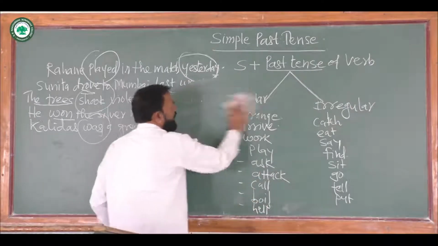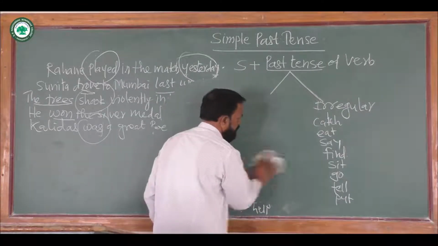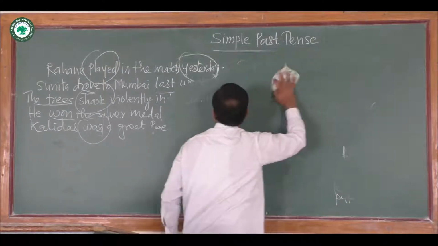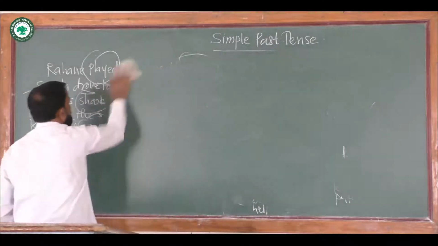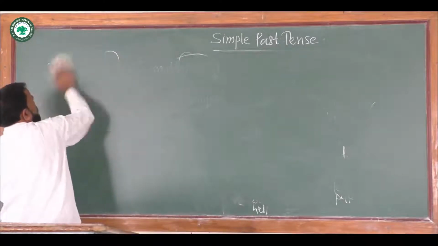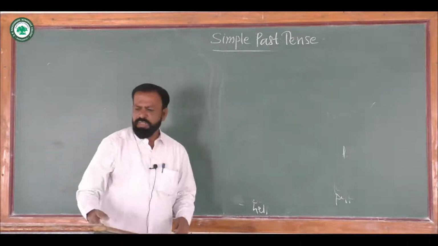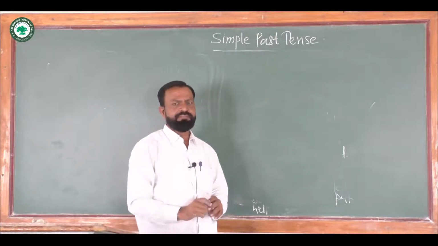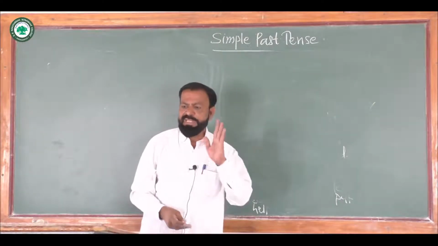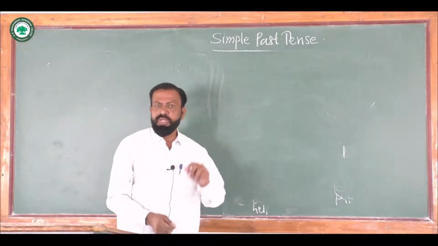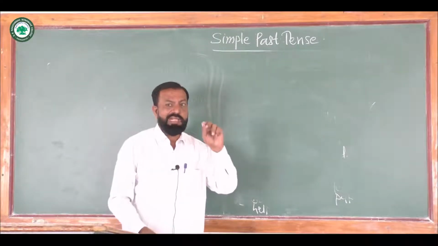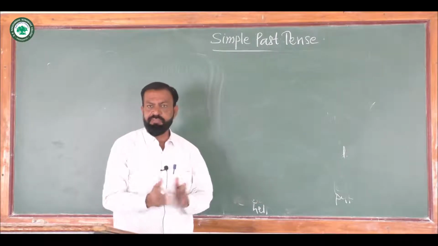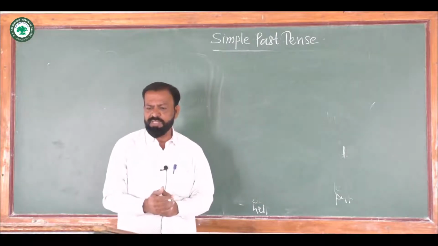Now I come to the next point, the uses of simple past tense. It is generally used to denote or indicate a single action which takes place in the past.